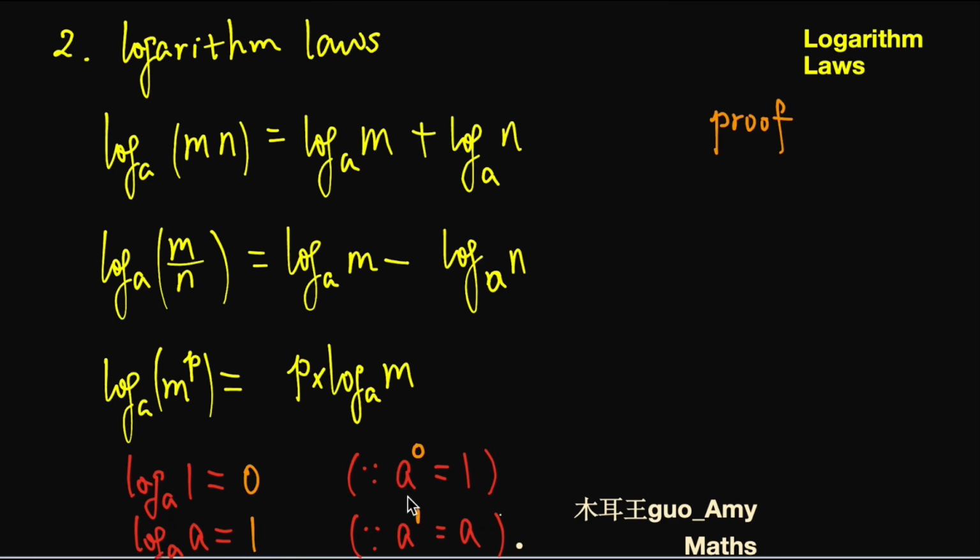So it just refers to the exponent in the exponential form. And for these laws, the base a should always be positive, and it cannot be number 1.